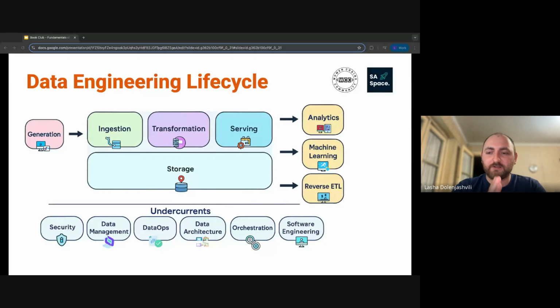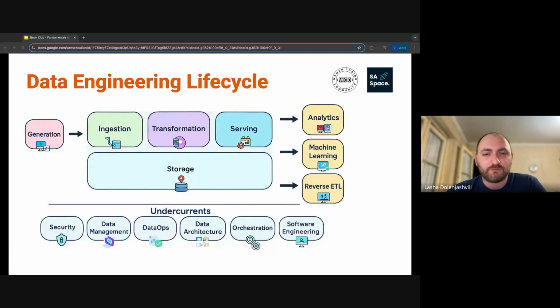This is a middle layer between raw data sources and the golden data marts that are optimized for business intelligence and analytics. So, as you can see, below are undercurrents: security, data management, data ops, data architecture, orchestration, software engineering.